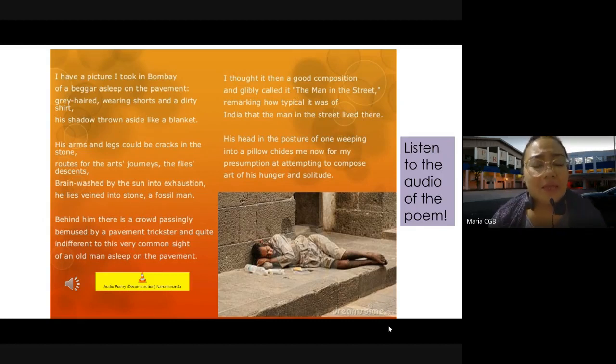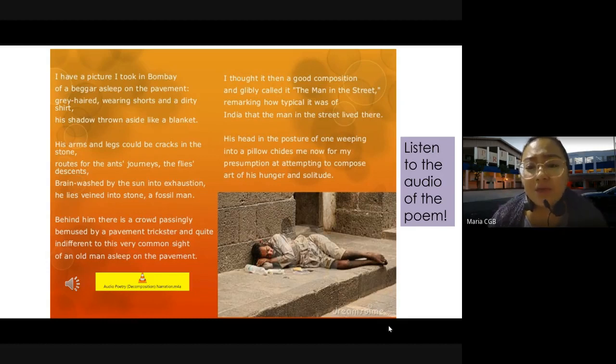His arms and legs could be cracks in the stone, routes for ants' journeys, the flies' descents. Brainwashed by the sun into exhaustion, he lies veined into stone, a fossil man. Behind him there is a crowd passingly bemused by a pavement trickster, and quite indifferent to this very common sight of an old man asleep on the pavement.